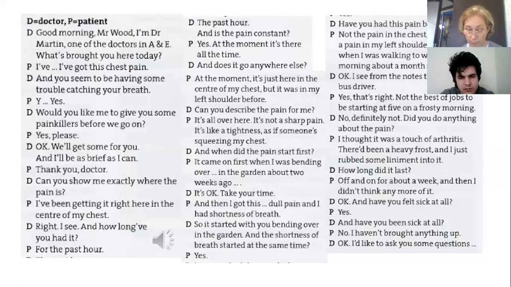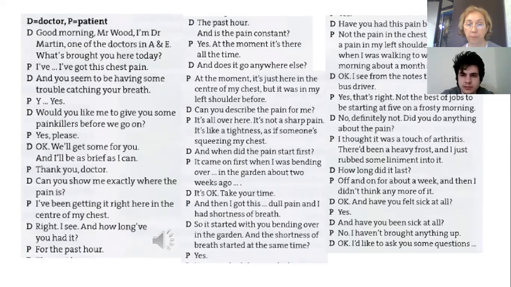It's like a tightness, as if someone's squeezing my chest. And when did the pain start first? It came on first when I was bending over in the garden about 2 weeks ago. It's okay. Take your time. And then I got this dull pain and I had shortness of breath. So it started with you bending over in the garden, and the shortness of breath started at the same time?